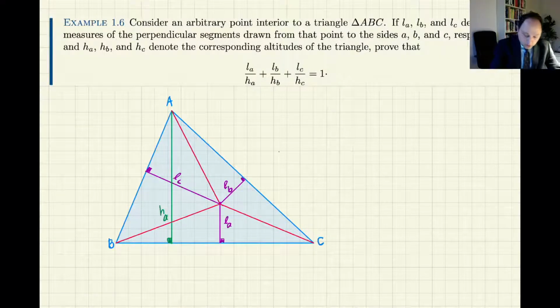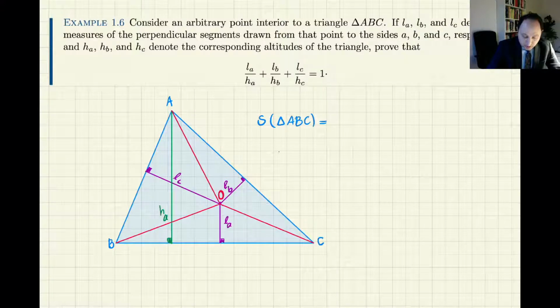Let me give this a name. I will call this point O. It becomes clear that the area of triangle ABC is equal to... Area in geometry is denoted by S. So when you say area, that is denoted by S, or something like a surface.